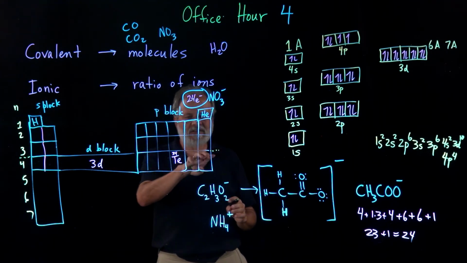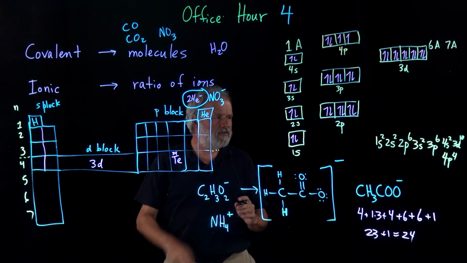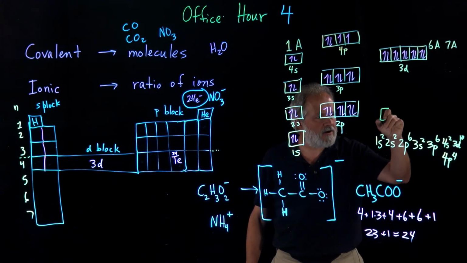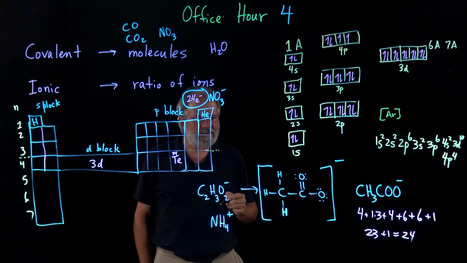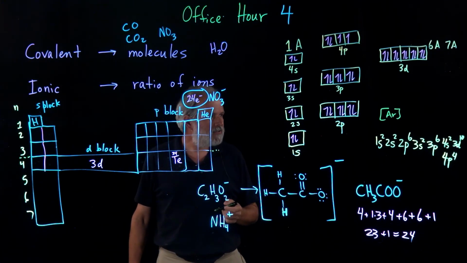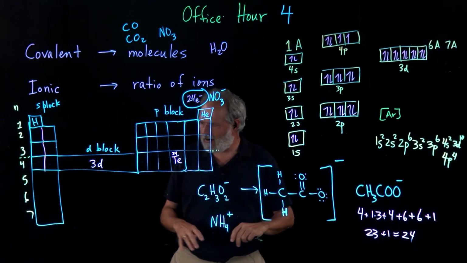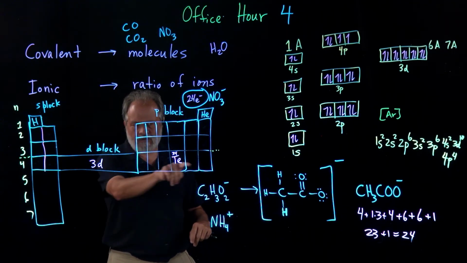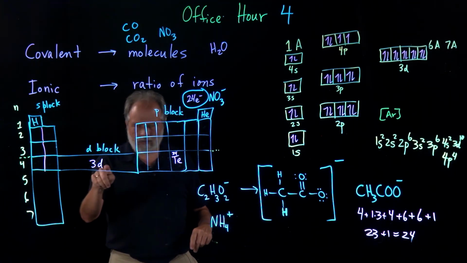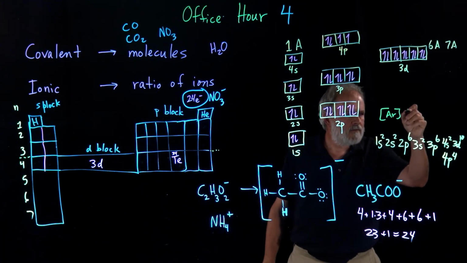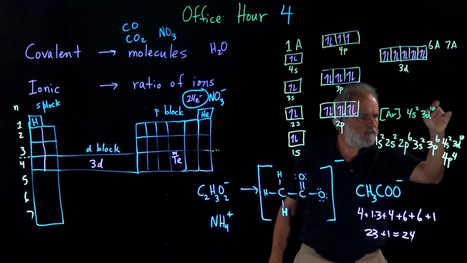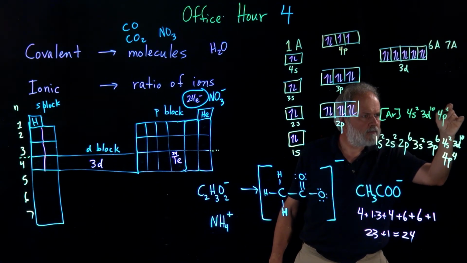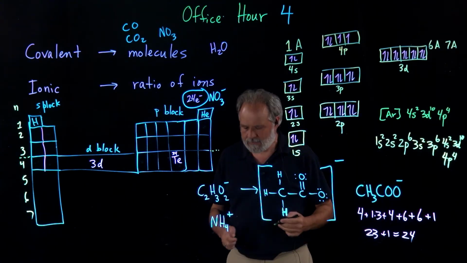One way of saying that is argon. Argon is the last element on the 3rd row. So you put a square bracket, Ar, and then just list what these are on the 4th row, which is 4s2, 3d10, 4p4. And that's called a shortcut.